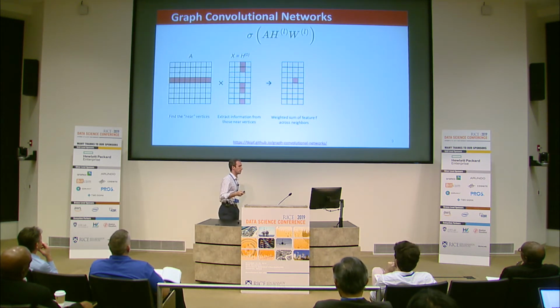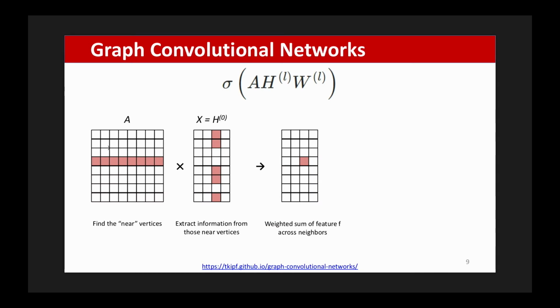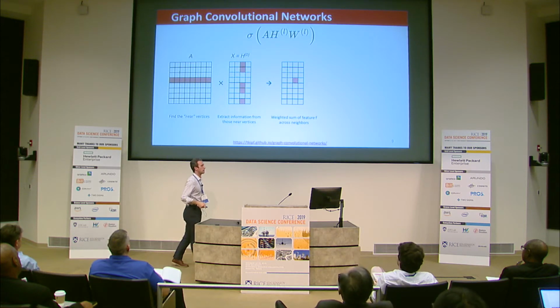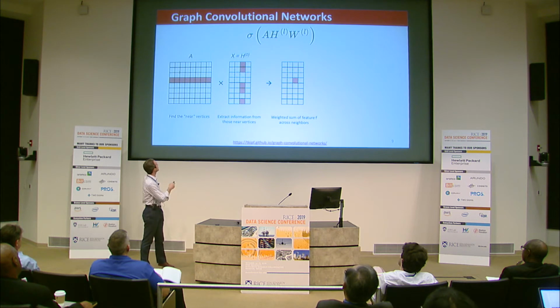The cool thing this does is it uses that adjacency matrix, that edge connectivity information, to extract out of X, your set of features, the features that you actually care about given the relationships in your graph. You can think about the first term, A times H, as using this row in A to strip out the values in this column of X, which is associated with a single feature, in order to compute this little cell here.